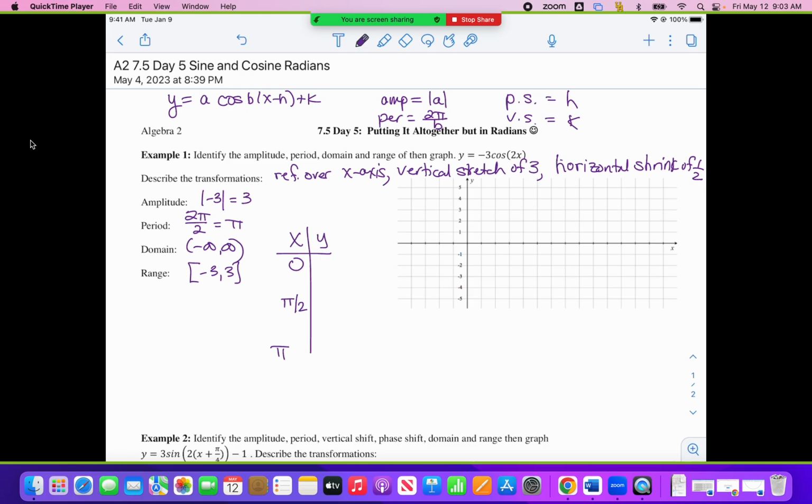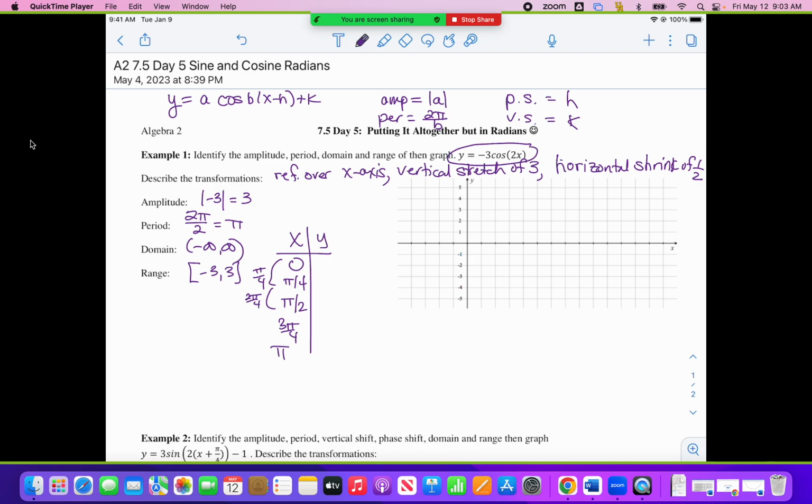Humera, what's between 0 and pi over 2? Pi over 4. And then Avery, if these are now going by pi over 4, this is now 2 pi over 4. What's the missing value? 3 pi over 4. Okay. Drew, what is the original parent function y values for cosine?